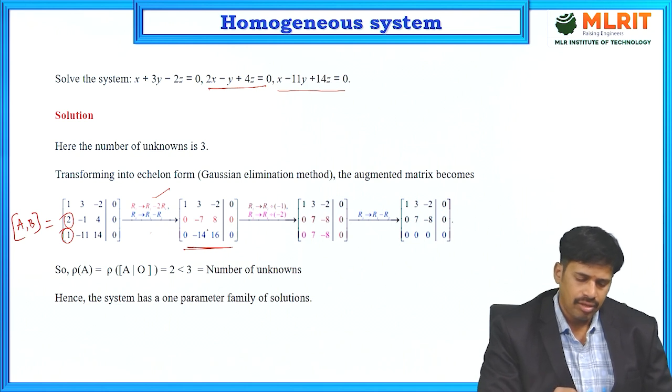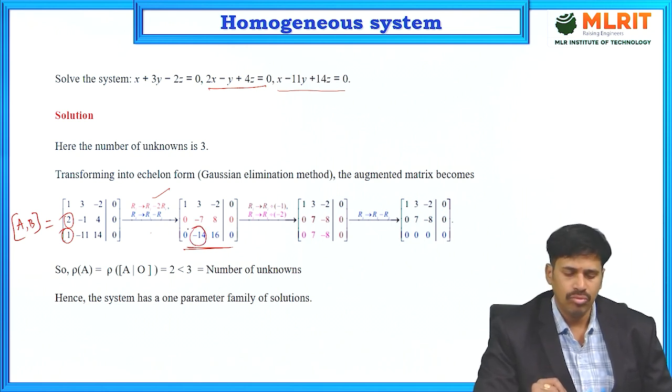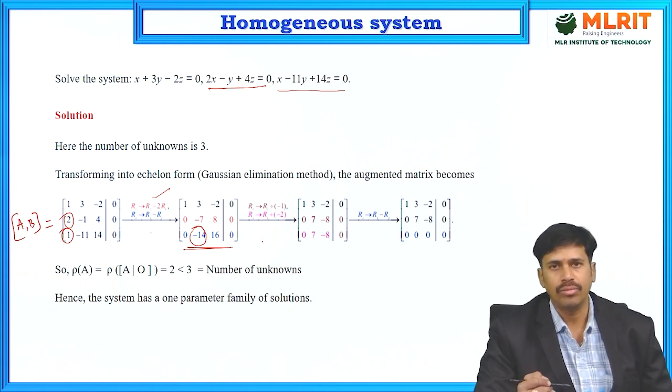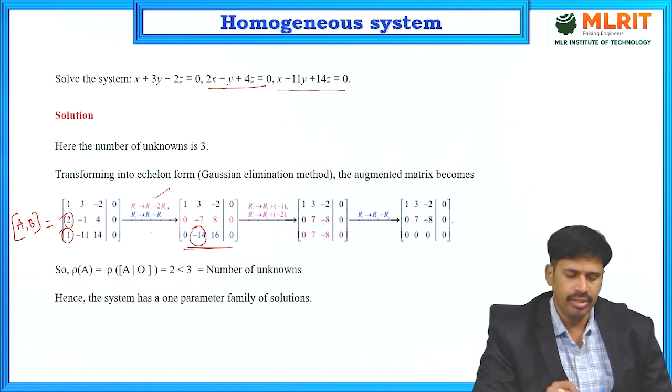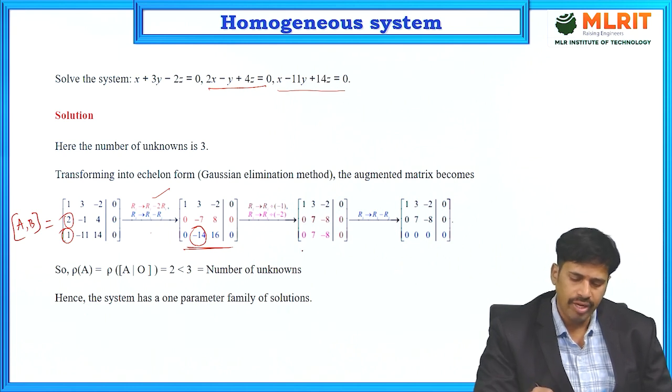Next, I want to make this element 0. What should be the operation? On R3 using R2. Using the second row R2, we have to make this element 0. So for that, R3 tends to R3 plus 2 times R2. So we get this matrix.